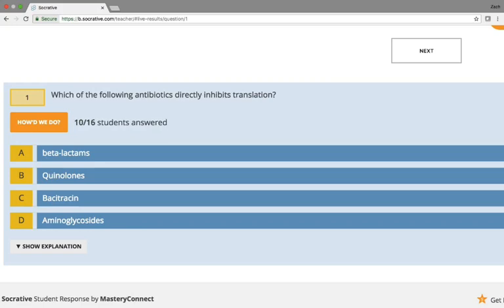All right. Rather than answer this question directly to begin with, let's just start with kind of a quick review. What kind of molecules do we find involved in the process of translation? So which molecules of the central dogma have a role in the process of translating proteins? RNA what?